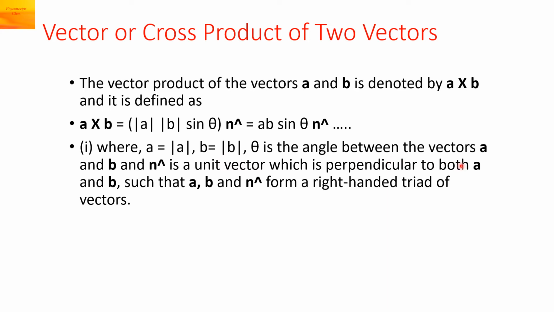Theta is the angle between the vectors A bar and B bar, and n cap is the unit vector which is perpendicular to both A bar and B bar, such that A bar, B bar and n cap form a right-handed triad of vectors.